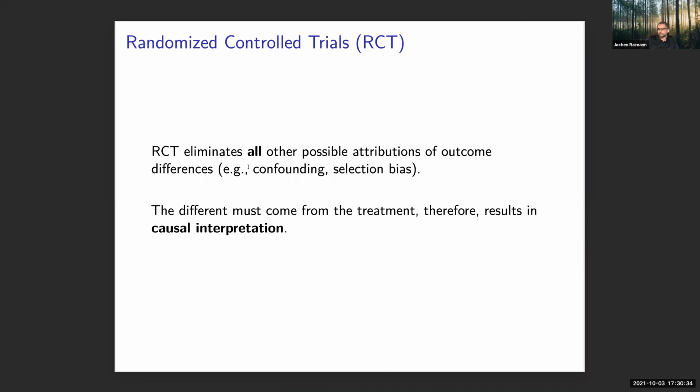So the idea here is to really eliminate all other possible attributions of outcome differences, which would be confounding and selection bias. Well, selection bias would essentially, with good randomization, be randomized out. Selection bias would be, for example, where you have individuals that have characteristics that are not generalizable.